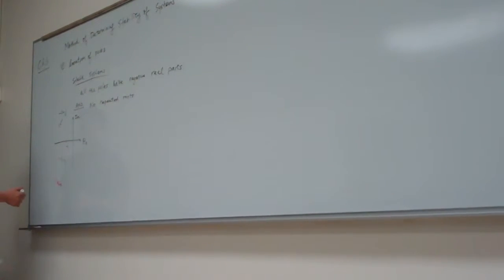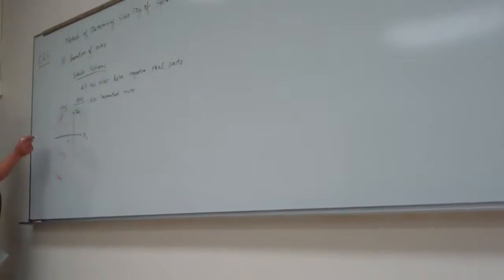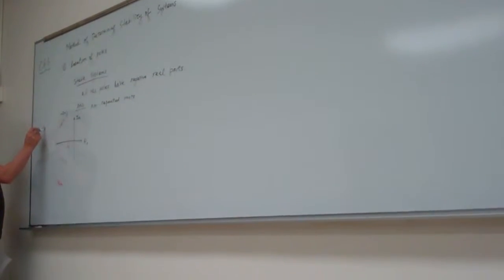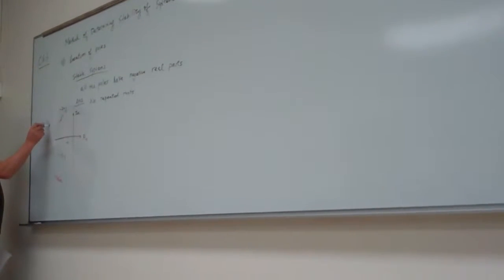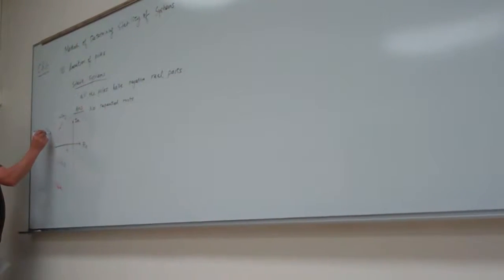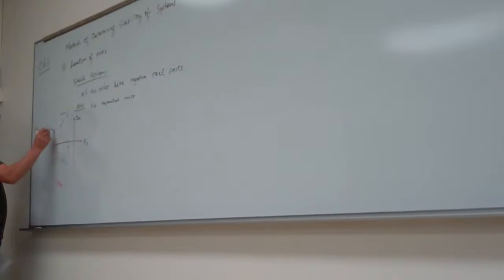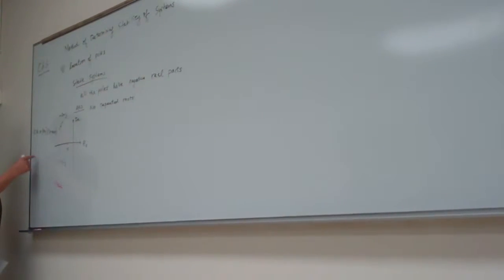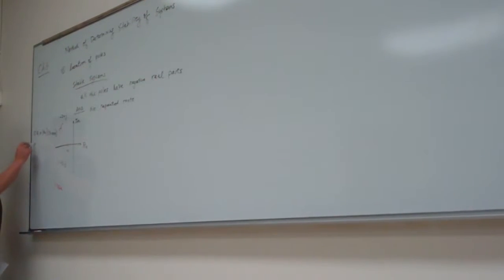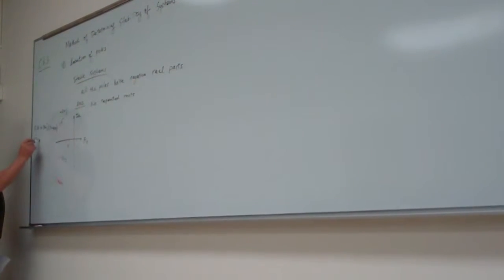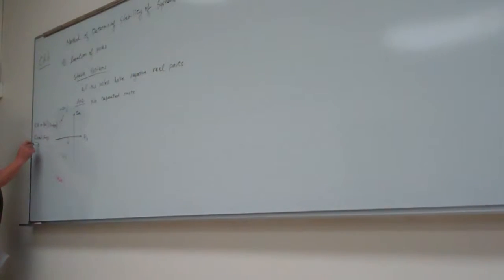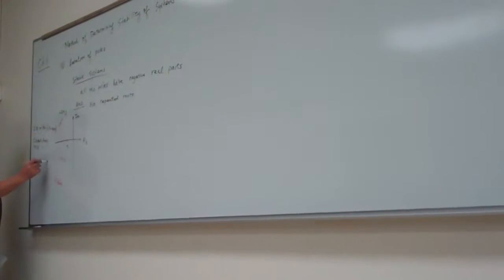For this one, the corresponding characteristic equation can be written as s plus 1 and s squared plus 4s plus 5. So for this one, the closed loop transfer function can be written like this.